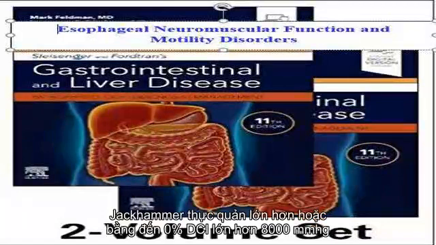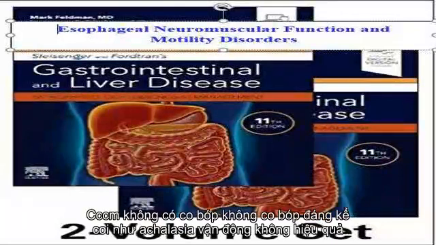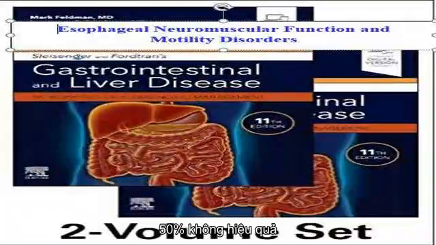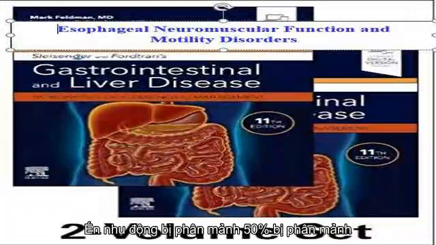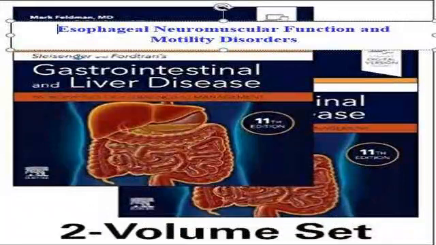Jackhammer esophagus, greater than or equal to 20% with DCI greater than 8000 mmHg·sec·cm. Absent contractility, no scorable contraction. Consider achalasia. Ineffective motility, IEM, 50% ineffective swallows. Fragmented peristalsis, 50% fragmented swallows and not ineffective. Disorders with EGJ outflow obstruction.